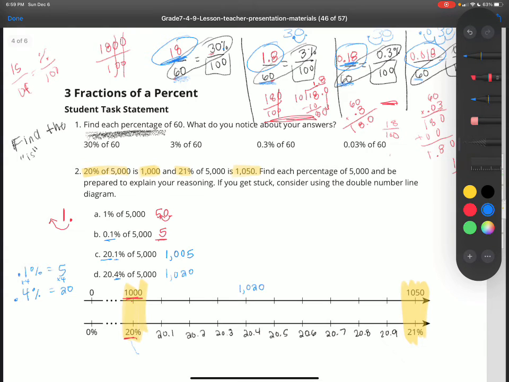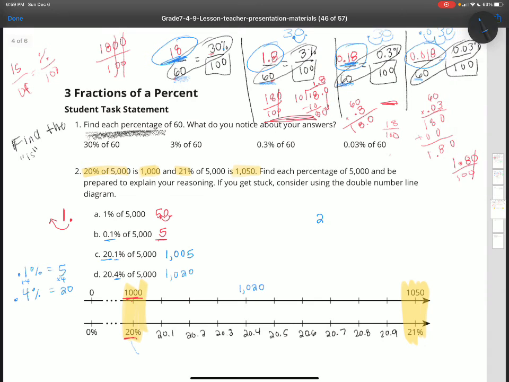Now, if you want to, you could check your answers using the proportion tables. So I'm about to erase that. Okay, so 1,020 is 0.4. Like I said, I could check my answer. So this is 20.1 over 100, because that's a percent. It's equal to 5,000. All right, and I'm going to multiply going across, and I'm going to divide by 100. When I multiply going across, 5,000 times 20.1.